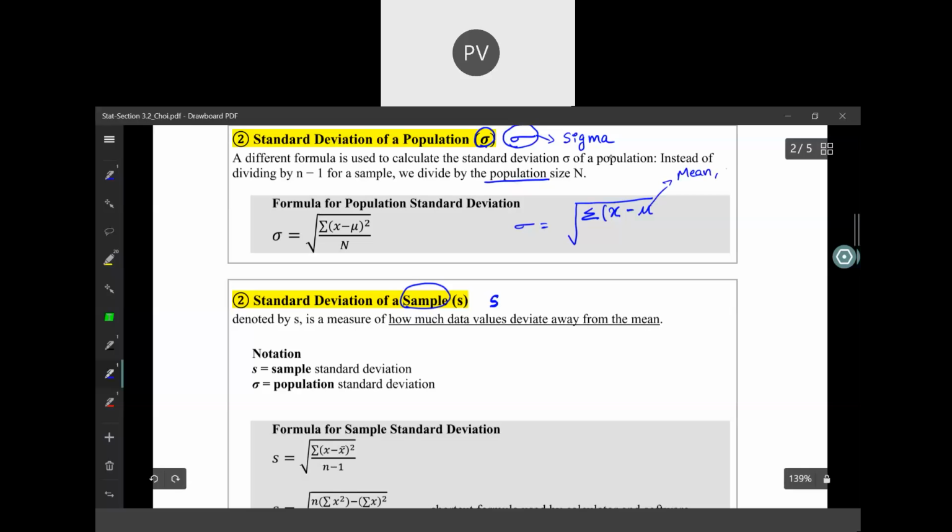We denote it as x bar or also as mu. So it is the difference between the data value and the mean, the whole square, divided by capital N. Whenever you have capital letters, fix in your mind that the data set belongs to a population. This is for population.